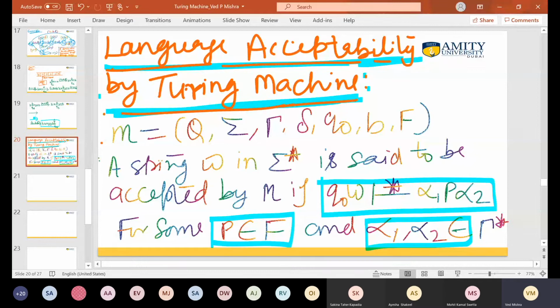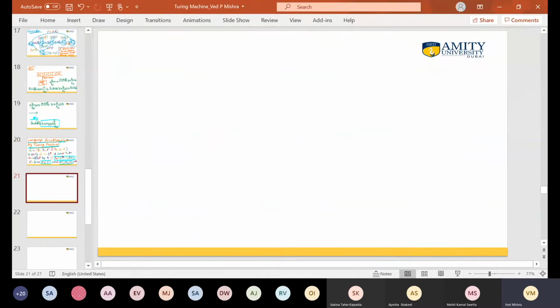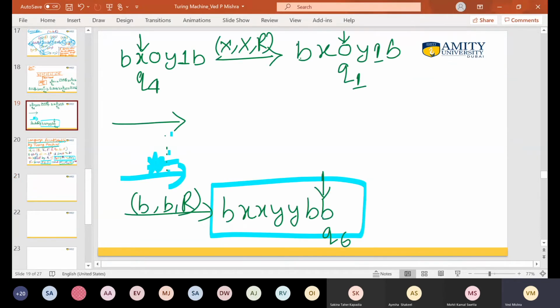Now another thing is, it also might happen, like see here in this example, you reach Q6 and the machine halts.